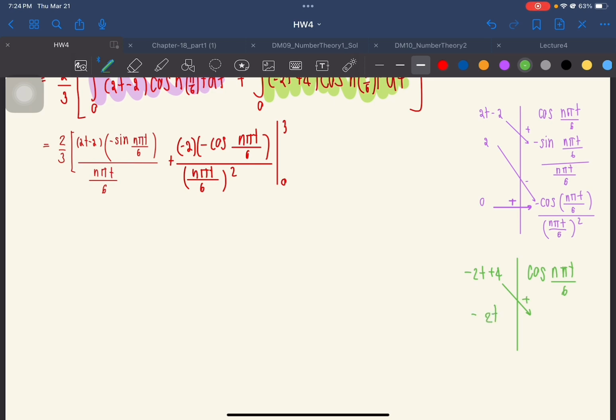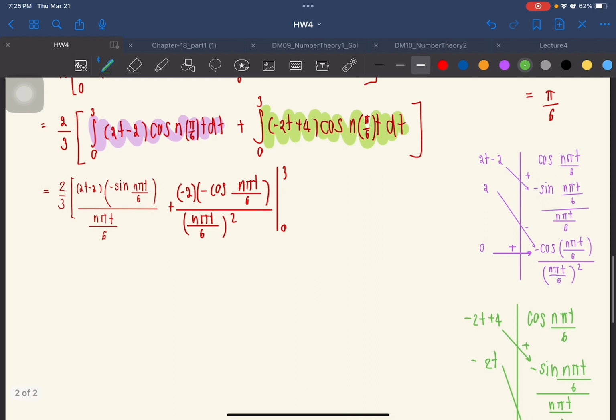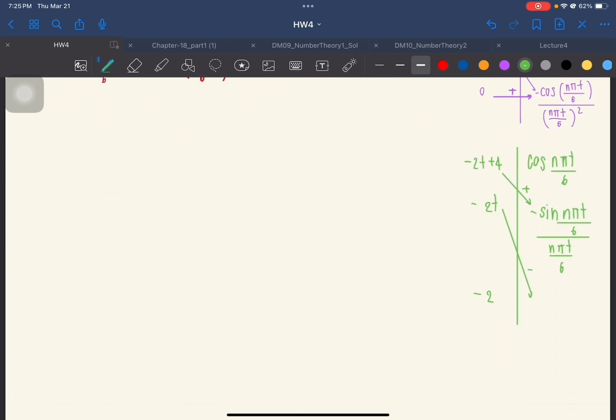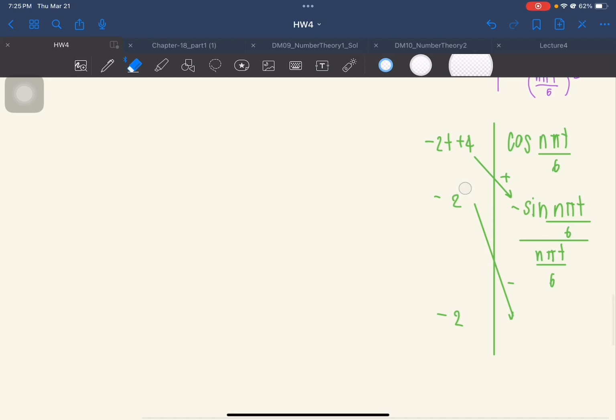It's minus 2, integrate cos to get minus sin, and differentiate 2t, which is equal to 2.